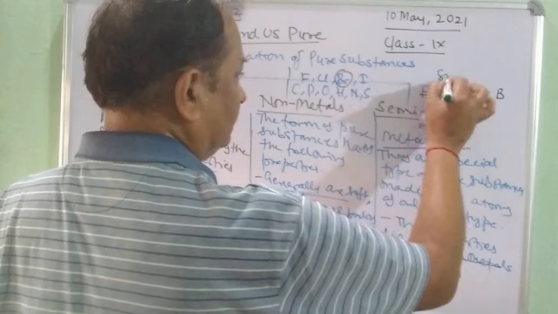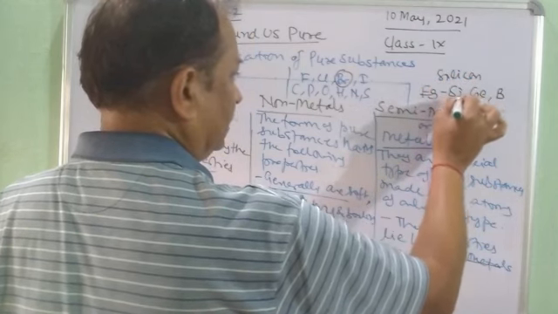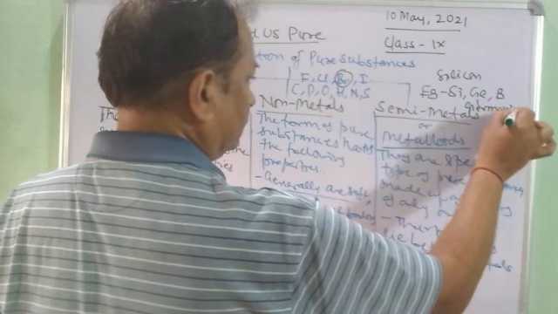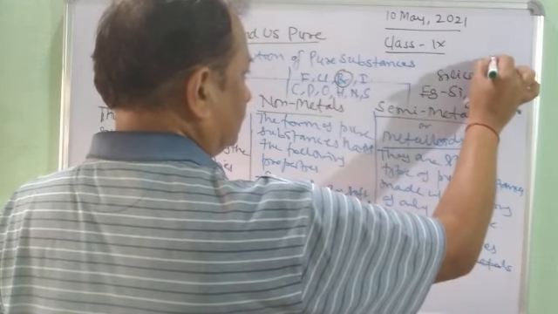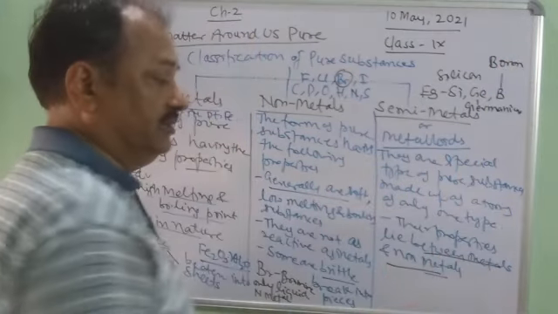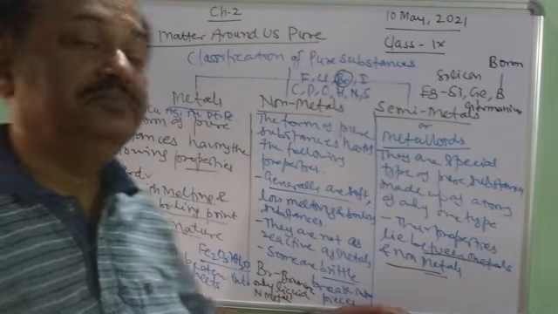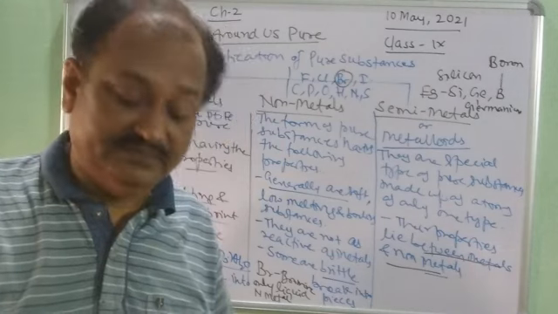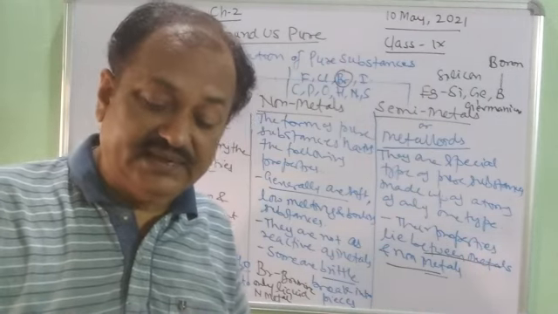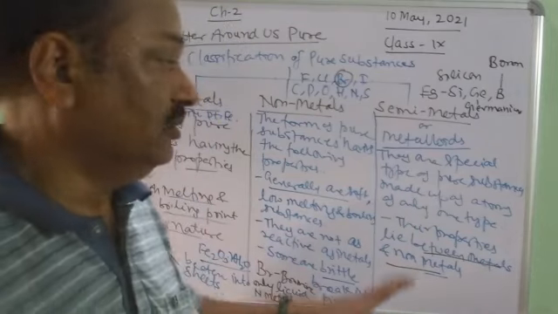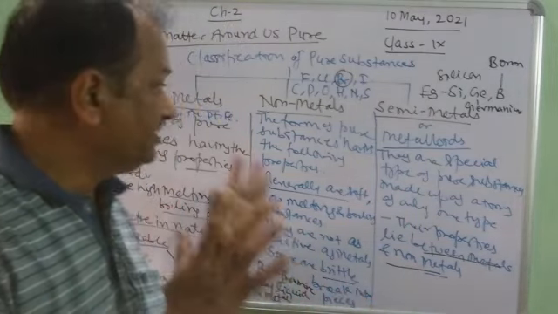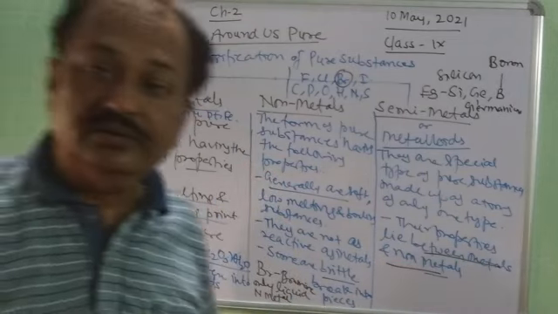This is silicon, this is germanium, and this is boron. There are many examples you'll see, and they are moderately reactive. It means their reactivity lies between metals and non-metals, and so this is the basic classification of the pure substances.